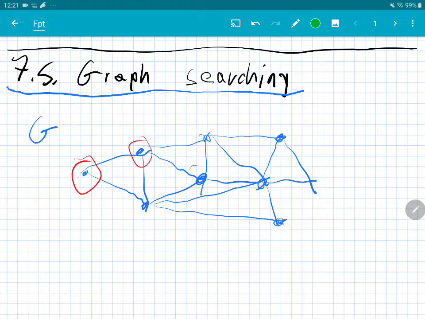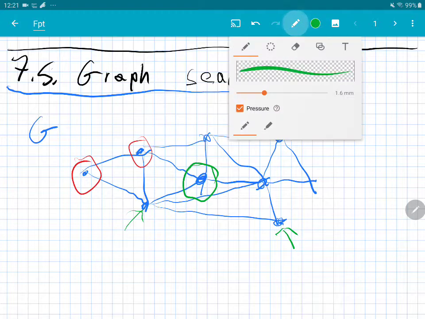For example, I can put this vertex in quarantine. Of course, at that point I lost, right? Because if this vertex had corona, then this vertex also got corona. So that's not good. We should not be doing something like that. We should be cleverer than that.